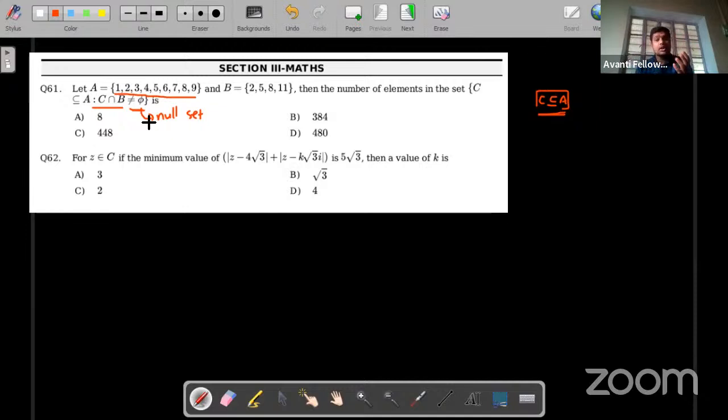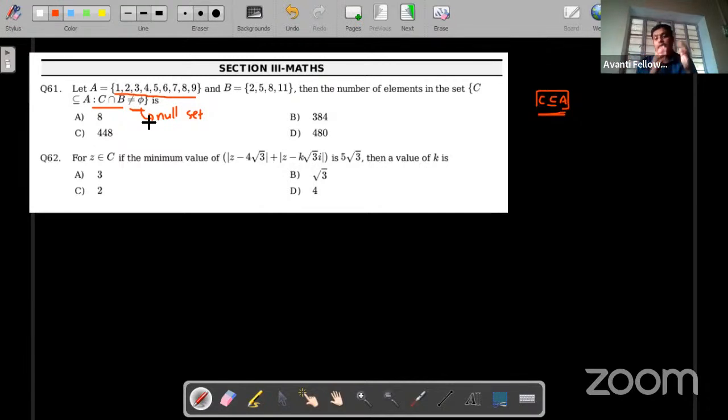So what we do is try to find where it is a null set. We are finding the contradiction. First of all, we'll find out how many sets can be formed where C intersection B is a null set. Then from all the subsets of C, we'll subtract whatever answer we have found.